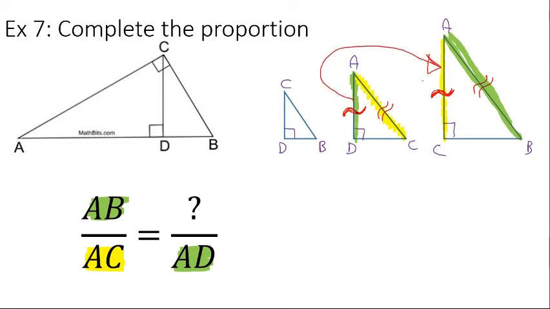So AD and AC go together. And also AB and AC go together, right? So what we're missing right here is I have AB and AC, AB, AC, and I need AD and AC. So right here, we will put in AC. Okay.